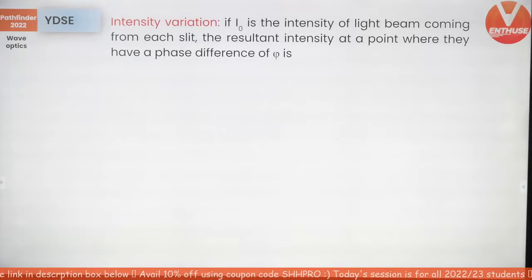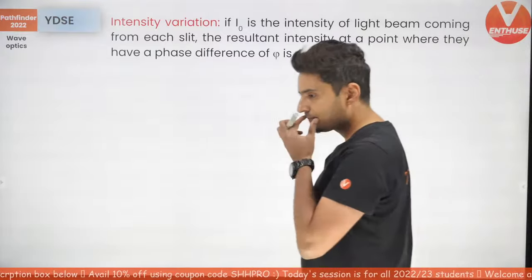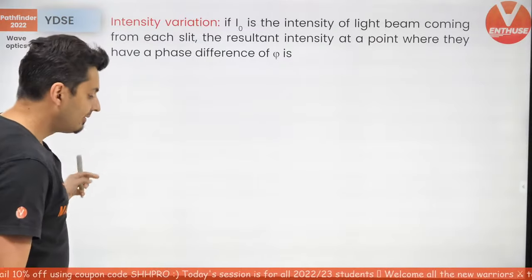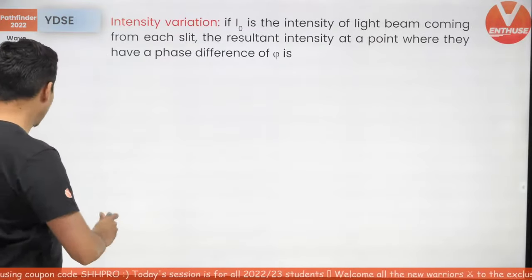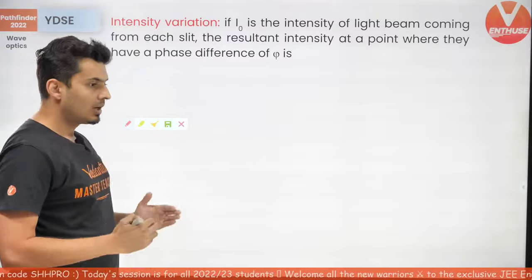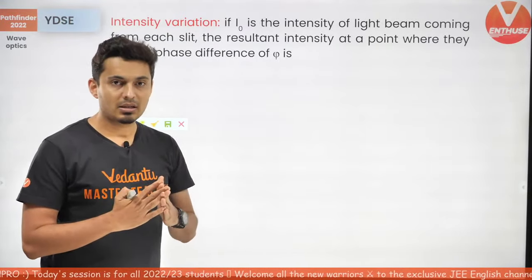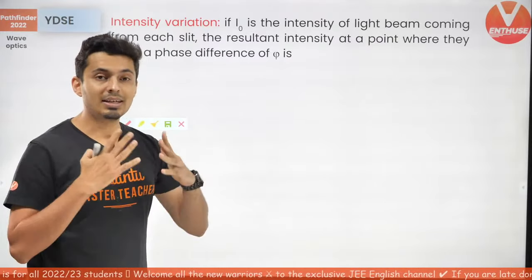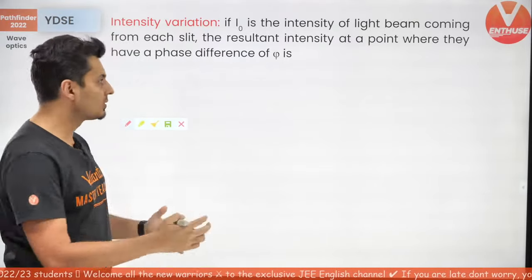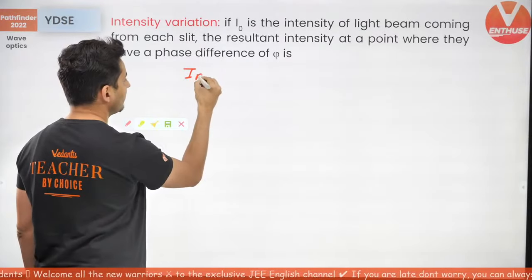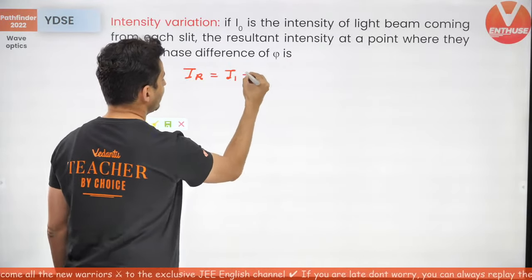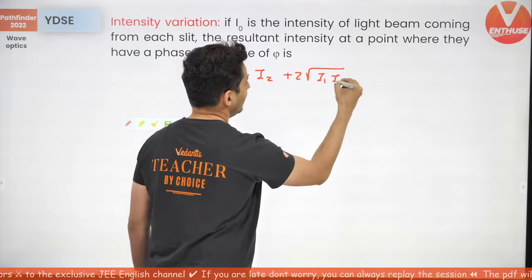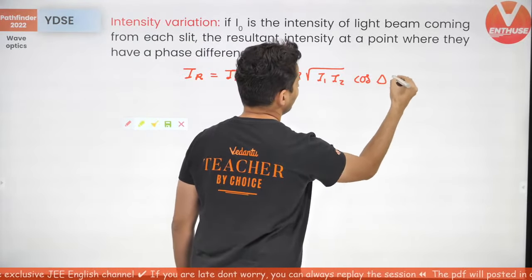Now let's talk about intensity variation and other things. Very important. We know that when light waves interfere, and if there is a path difference, there will also be a phase difference, and because there is a phase difference, the intensities need to be added using this formula. The intensity of the resultant wave will be I1 plus I2 plus 2 root I1 I2 cos del phi.